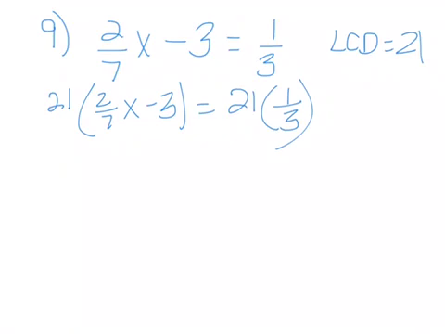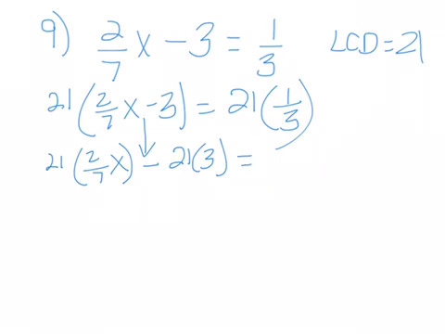So on the left, you need to distribute the 21. So I would have 21 times 2/7 x minus 21 times 3 equals, okay, right here, look at this, 21 times 1/3. 3 will go into 3 once and into 21 7 times, so I have 7 times 1, which is 7.